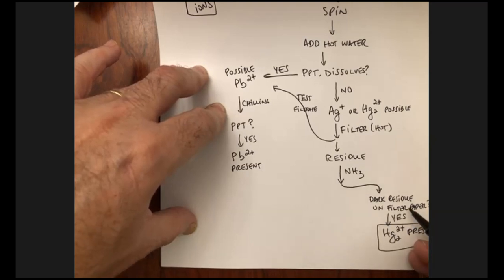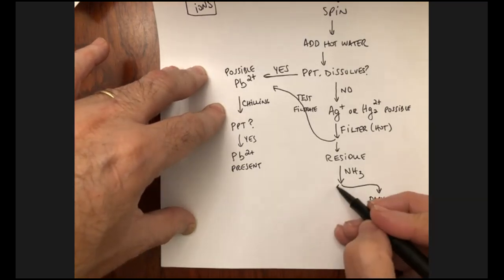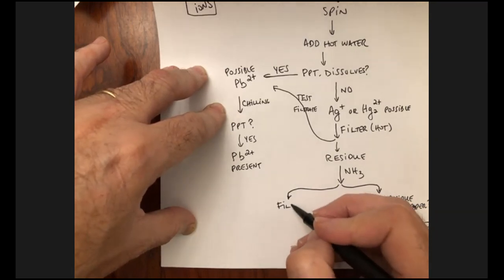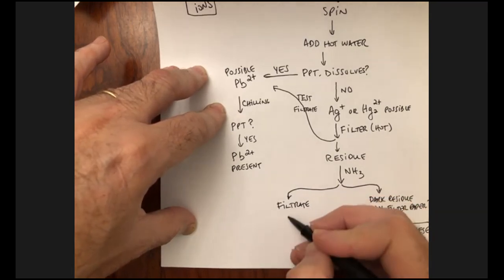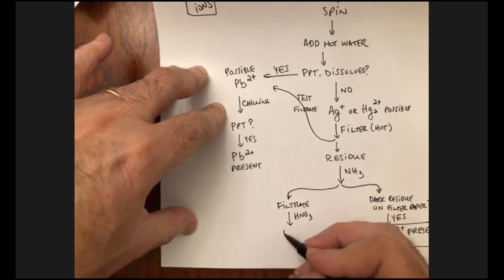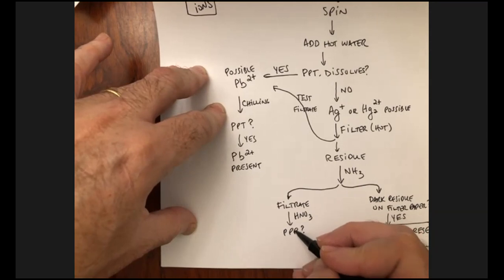If I don't get a dark residue, that means there were no mercury ions present. Then what I want to do is take the filtrate from here, and add nitric acid and ask, do I get a precipitate here?